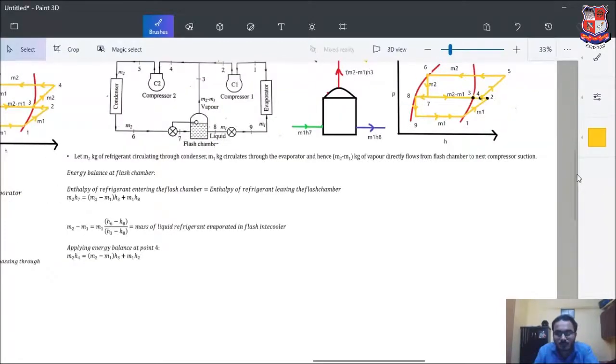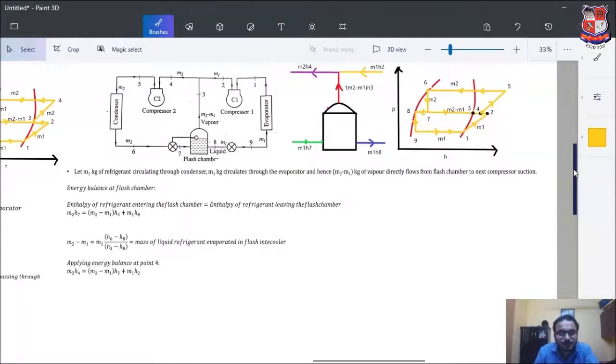So if you see that, let the M2, this is already known to you people. Now we will directly go to the enthalpy energy balance here.